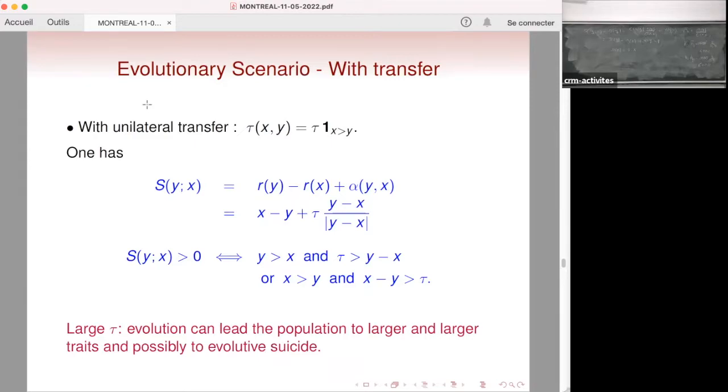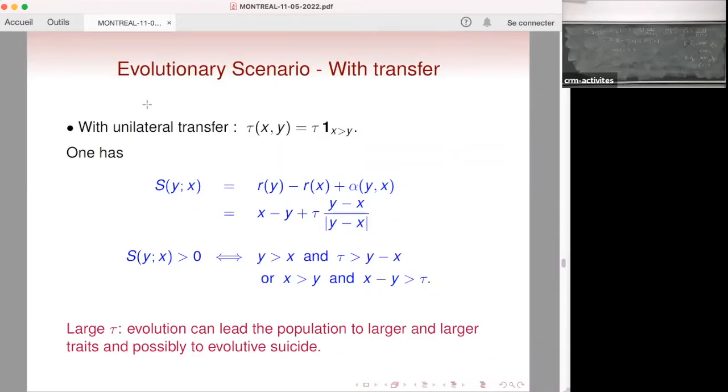So if tau is small, this situation is possible. But remember, x minus y is of the order of sigma, that's the mutation step. Okay. If tau is really larger than this mutation step, you will not have this situation. You will have this situation, which means that the evolution will drive the trait to larger and larger traits.